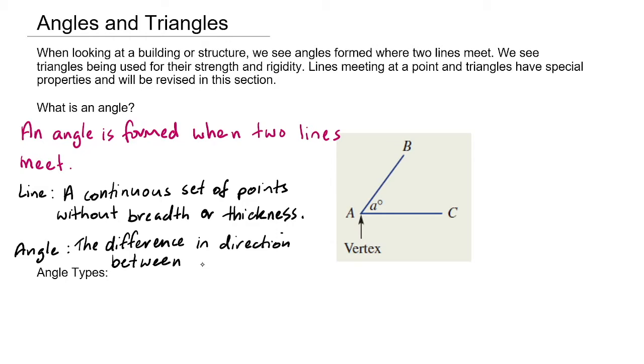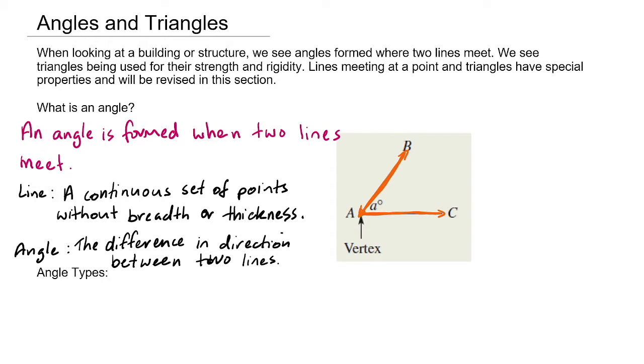Between two, use the right two, lines. So you can see in our little diagram here, we have this line and we have this line, and they meet up at this point.